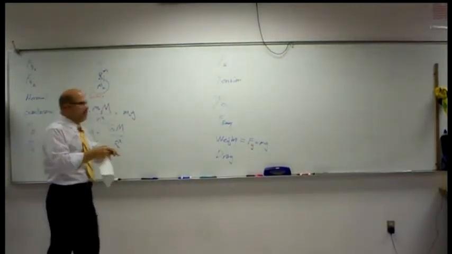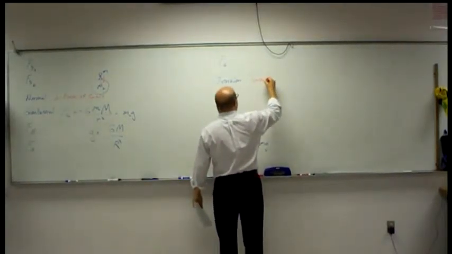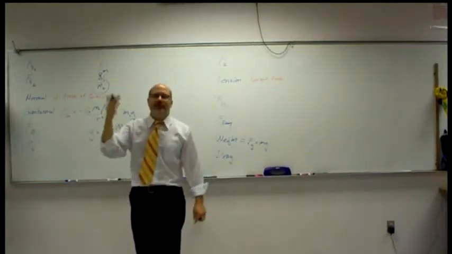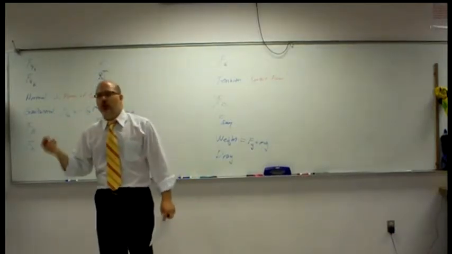They're both perpendicular, so one's up and one's out. Okay, tension is also a contact force that acts along an object. If you try to stretch an object, it pulls back.